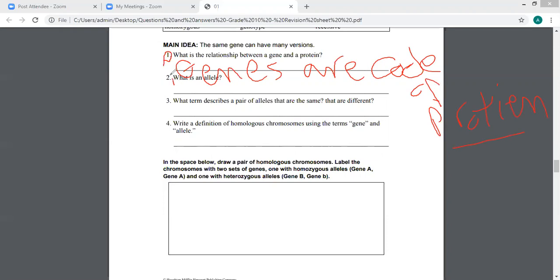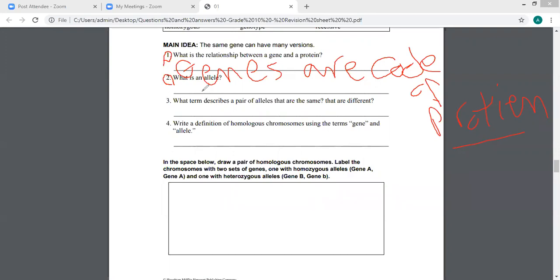Second one, what is an allele? Allele is the alternative forms of gene. Okay, it may occur as a result of the external environment like sunshine, nutrients, and so on, external factors.